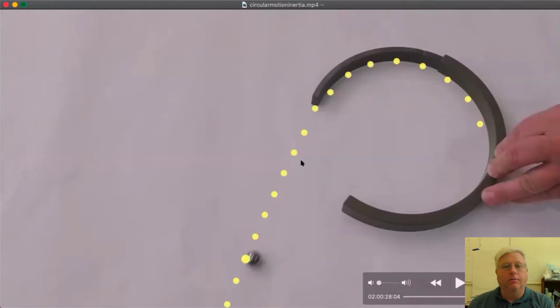So what we see here is that it goes off on this tangent, and we see that it's a straight line, okay? And we see the dots are pretty much evenly spaced apart. And so it's moving at essentially a constant speed.